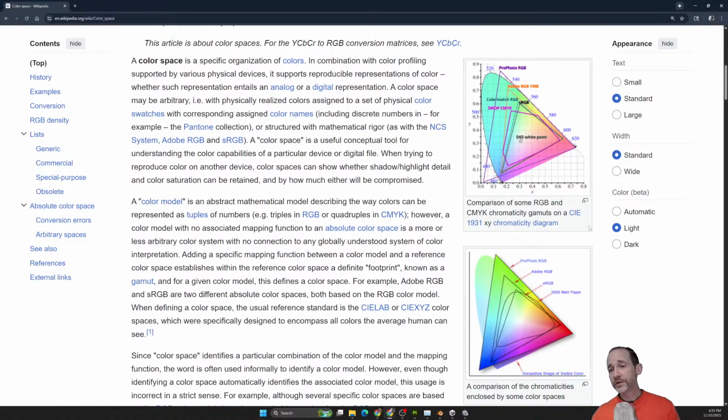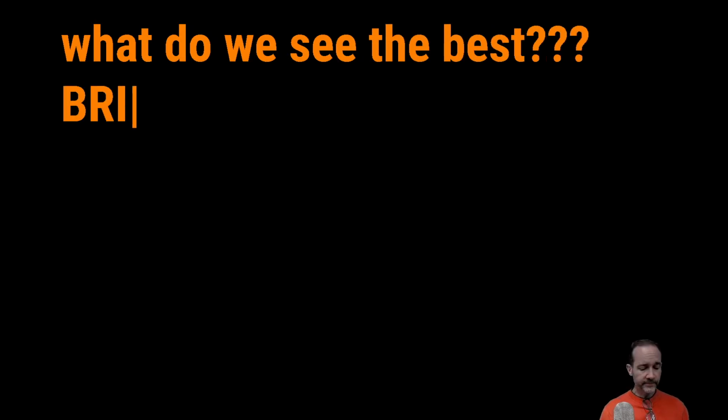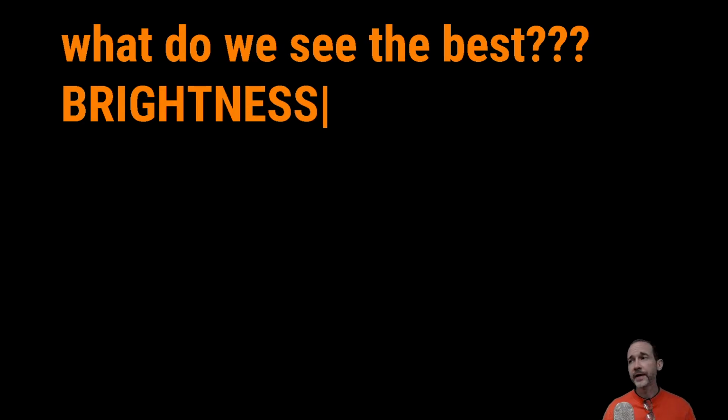So one of the fundamental things to take away is, what do we see the best? Brightness. By orders of magnitude, our sensitivity to brightness is very fine-tuned. They've done all sorts of studies on this.